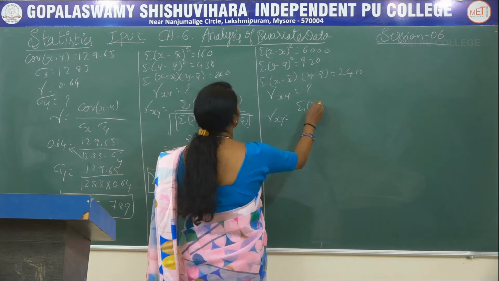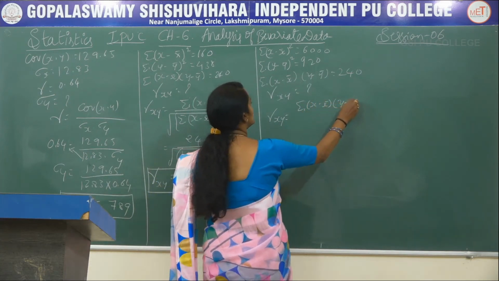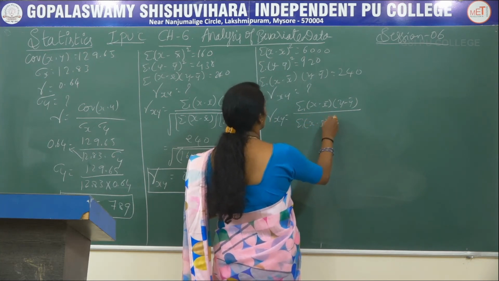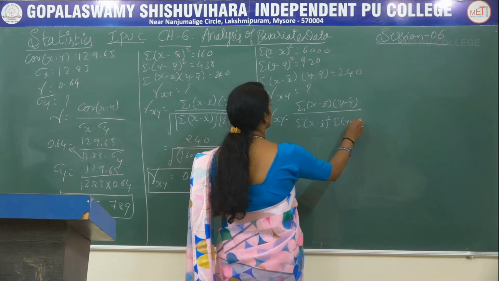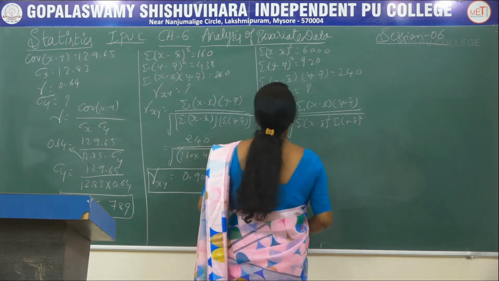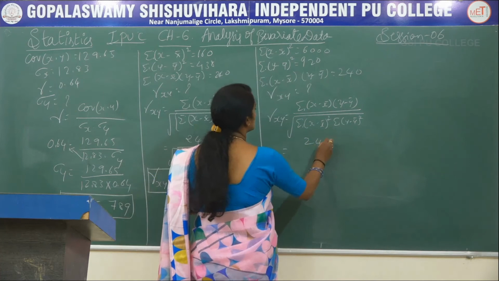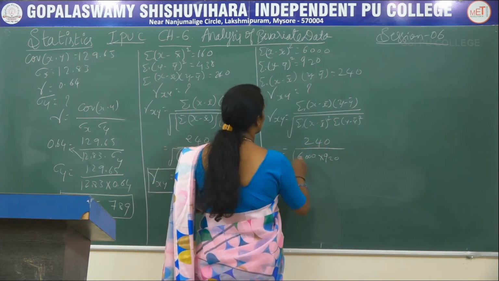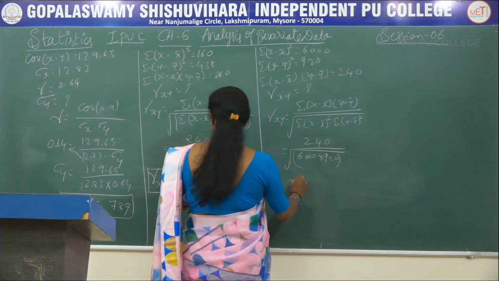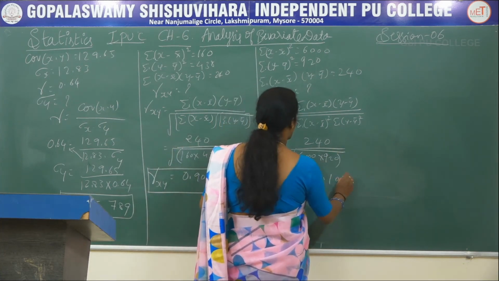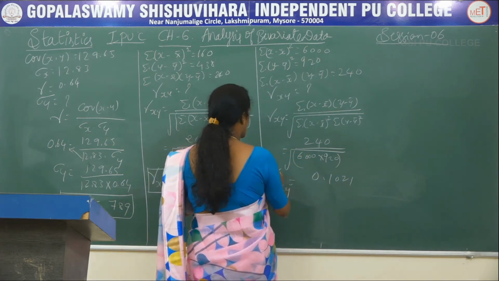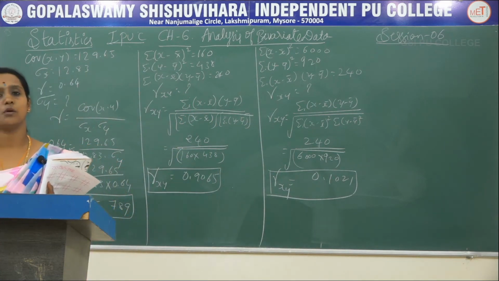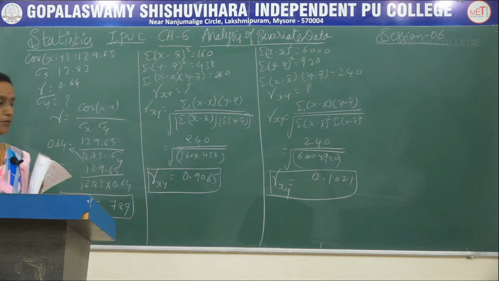It is summation of x minus x bar into y minus y bar divided by the square root of summation of x minus x bar whole square into summation of y minus y bar whole square. Substitute the values. It is 240 by the square root of 6000 into 920. This value is 0.1021. This is the correlation coefficient, 0.1021. This is how we are solving the 2 marks problems.